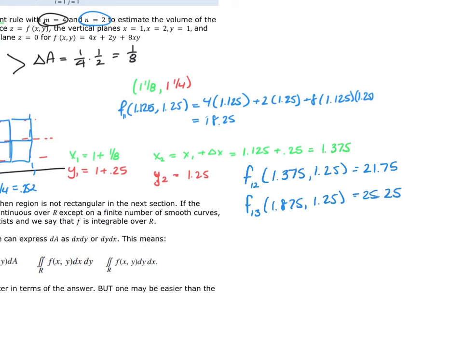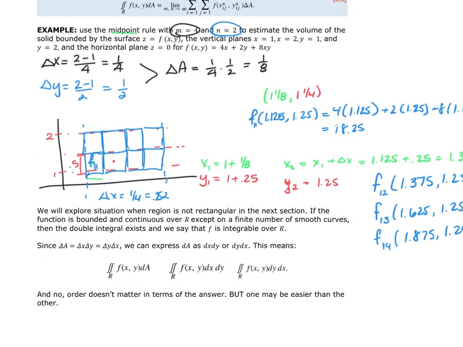Oh, actually, I said that wrong. And then in my last box of the row, so 1, 4, this is going to be 1.875 and then 1.25. I put that into my original function still, and I get 28.75. So now I've found the height on each of those boxes in the bottom row.